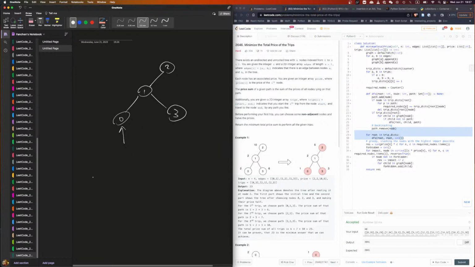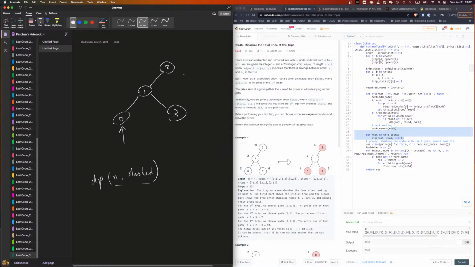If we do dp on node and slashed, if we put these 2 as a state, what's going to happen? Or we can say this is the price of the subtree.